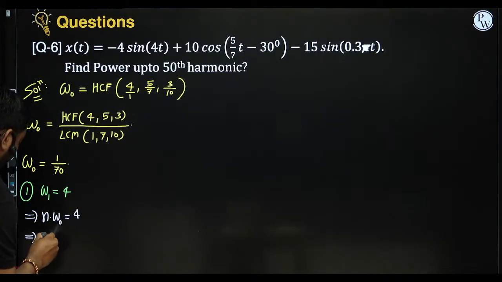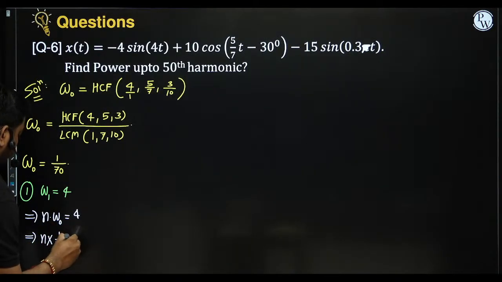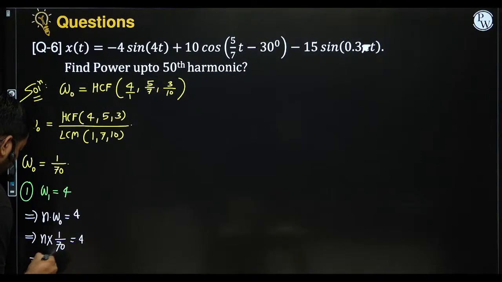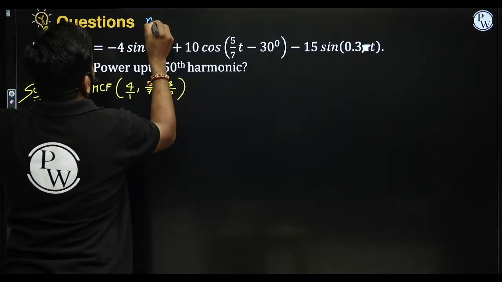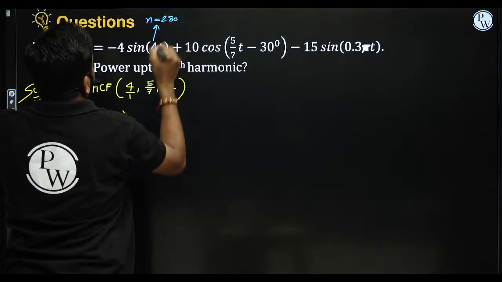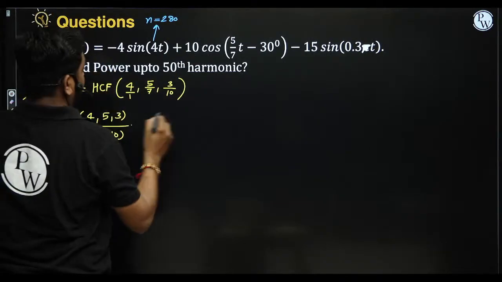Here n into omega 0, and omega 0 is 1 upon 70, so it is 4. So the value of n is 280, guys. Correct for the first. So here n is equal to 280. Correct.